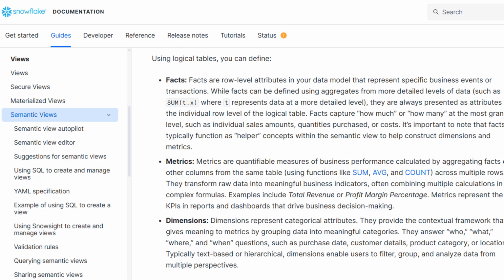You then define your dimensions, in other words the contextual attributes like region, product category. And finally, you define metrics, the aggregated KPIs that executives will actually care about, things like total revenue, profit margin percentage. These definitions live directly in your Snowflake schema alongside your data. So that proximity is genuinely valuable. No sync issues, no external system to maintain, no additional latency.